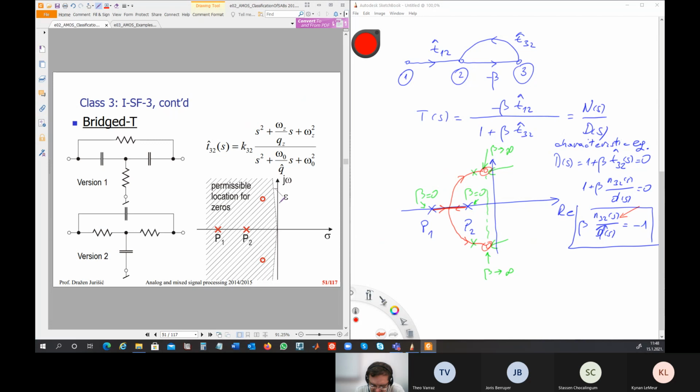So this network cannot have zeros up to here. So p half is the forbidden location for zeros, but on the left side, it's a permissible location for zeros. This small epsilon says that they can also be nearer to the j omega axis, but the problem is that in that case they need to have very large ratios of their values.